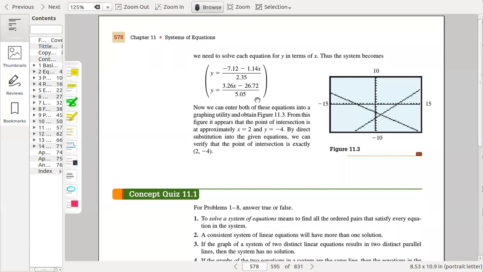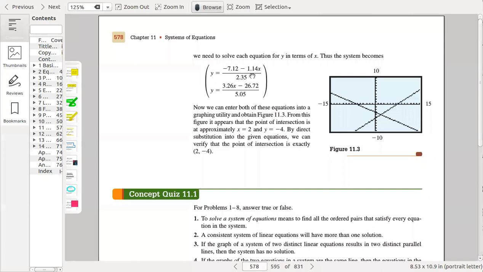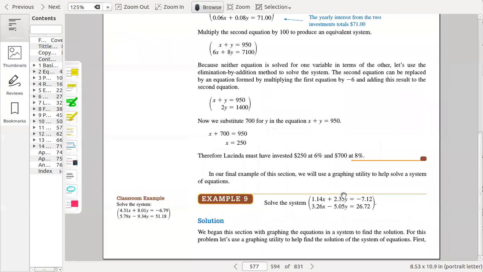For example, the first equation can be written as y equal to minus 7.12 minus 1.14x over 2.35. Okay, so then the second equation can also be written in the form of y is equal to this one.